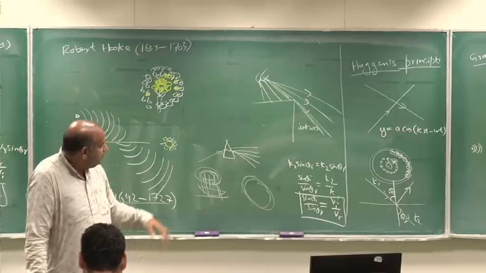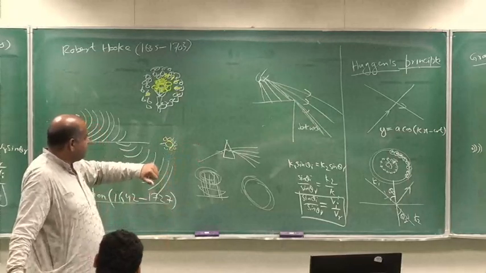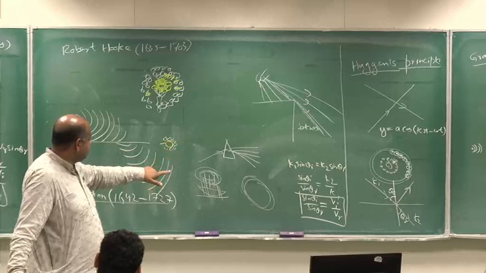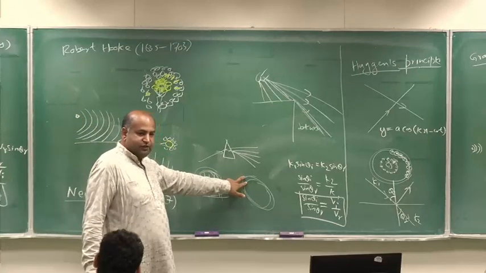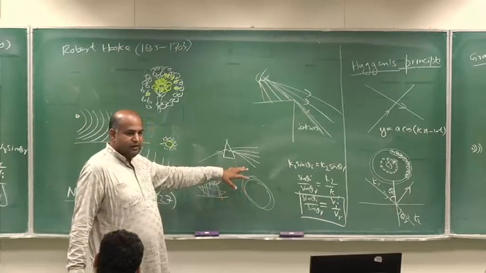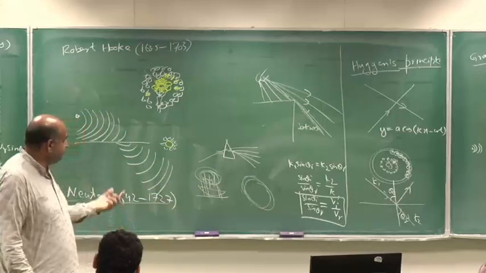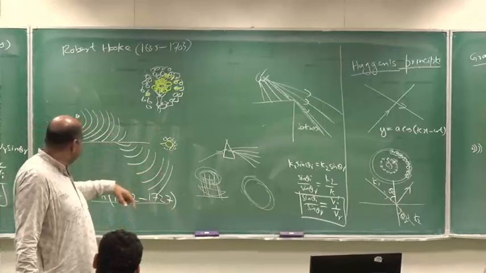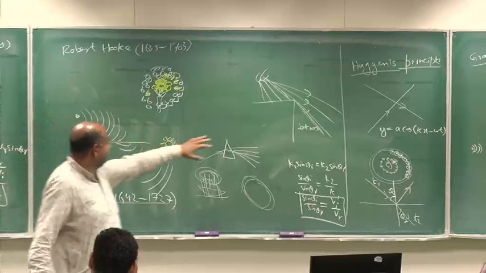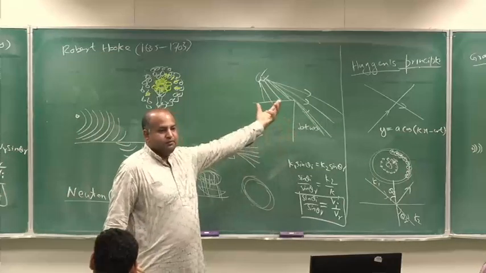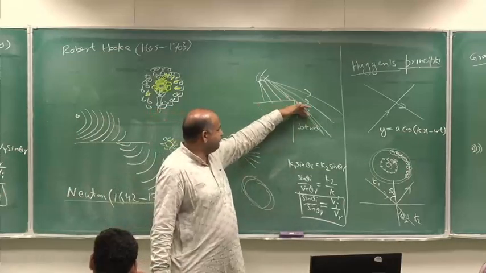Because of interference, he was also able to explain the colors of thin films, rings, and everything. So he was able to explain a lot of things, except, of course, this bending and these shadows, simply because the wavelength was very small.